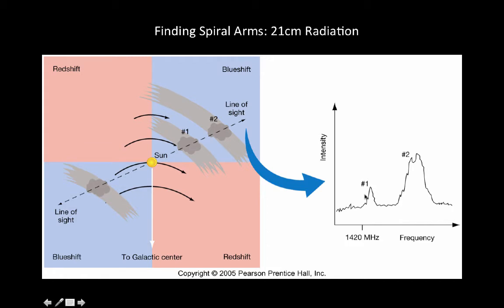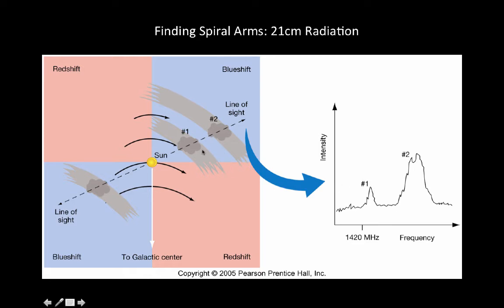We detect one signal at slightly higher frequency than that, and another larger signal at a higher frequency, still close to 21 centimeter radiation, and still with a shape that is recognizably identifiable as that from 21 centimeter radiation.